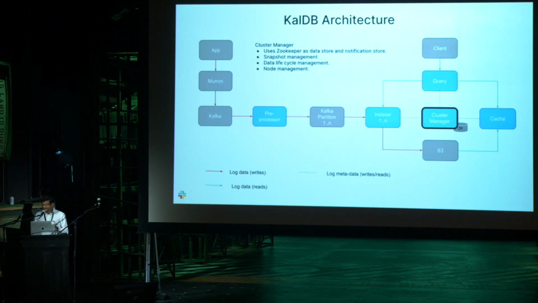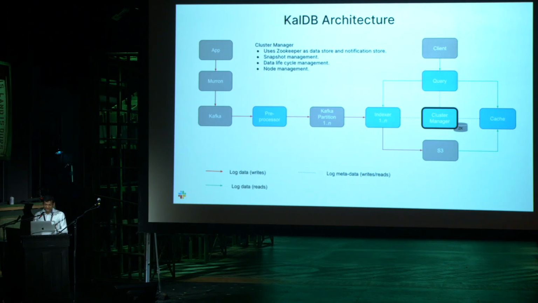A cluster manager basically has 3 jobs. It does snapshot management, which basically means once an indexer publishes a snapshot, it assigns them to the cache node. The other thing it does is data lifecycle management. It basically means that once the data reaches its retention, let's say 7 days, it unloads that data from the cache nodes and then deletes that data from S3.